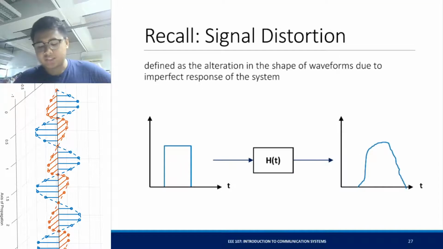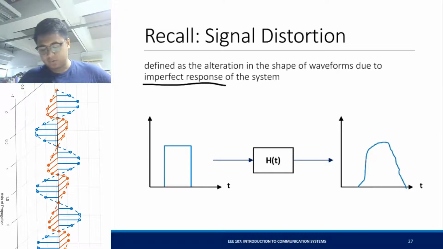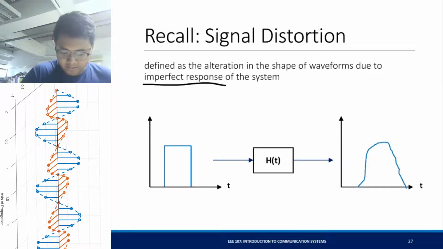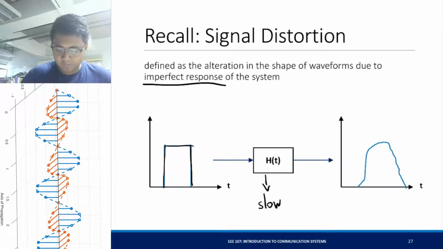Okay, now let's talk about signal distortion. Signal distortion is the alteration of the shape of a waveform due to the imperfect response of the system. So if we put this perfect rectangular pulse into your system with an impulse response h of t, let's say h of t is so slow that the signal does not immediately reach its peak.